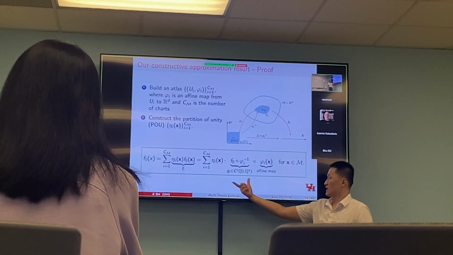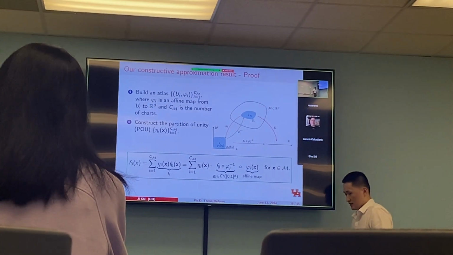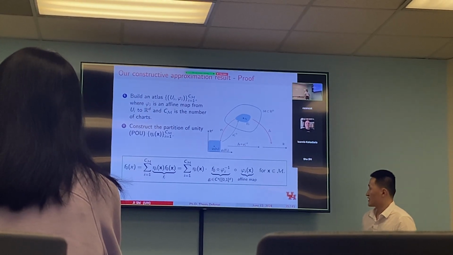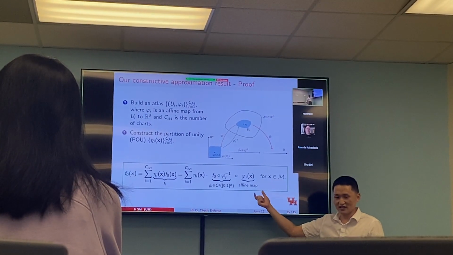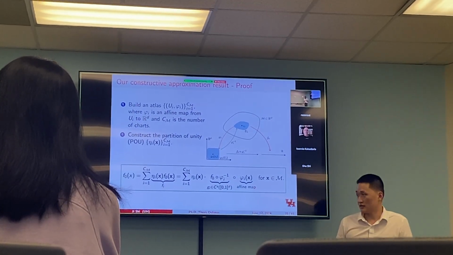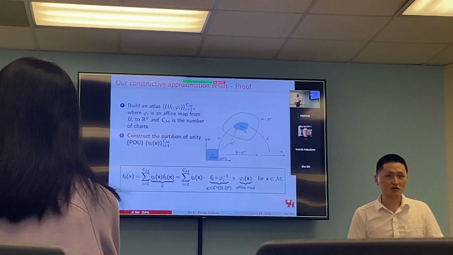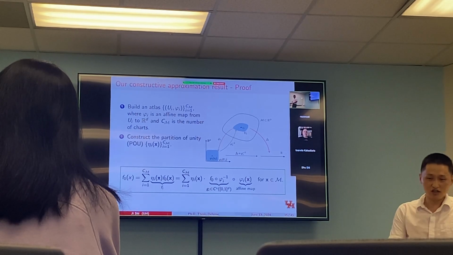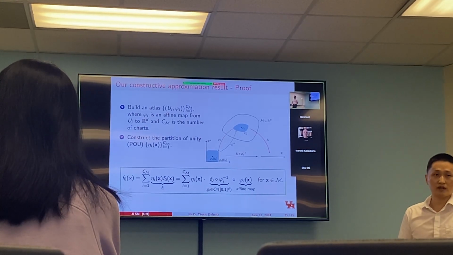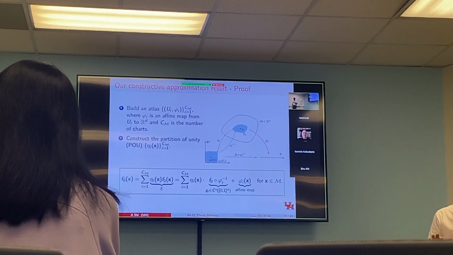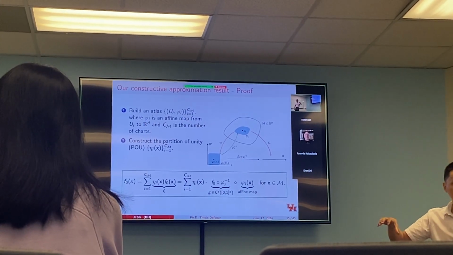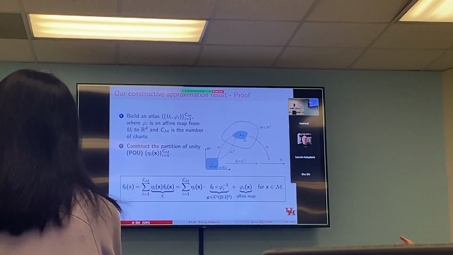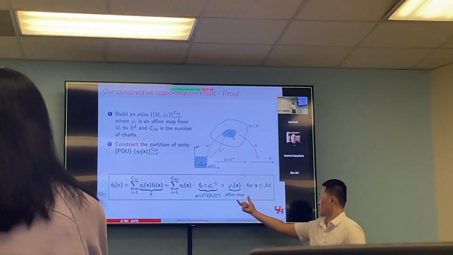In this summation, the main step is to construct a neural network to approximate this affine map. But this affine map is easy to construct a neural network to realize, because in a neural network one step is an affine linear transformation. So it is easy to approximate. But why is this difficult to construct?